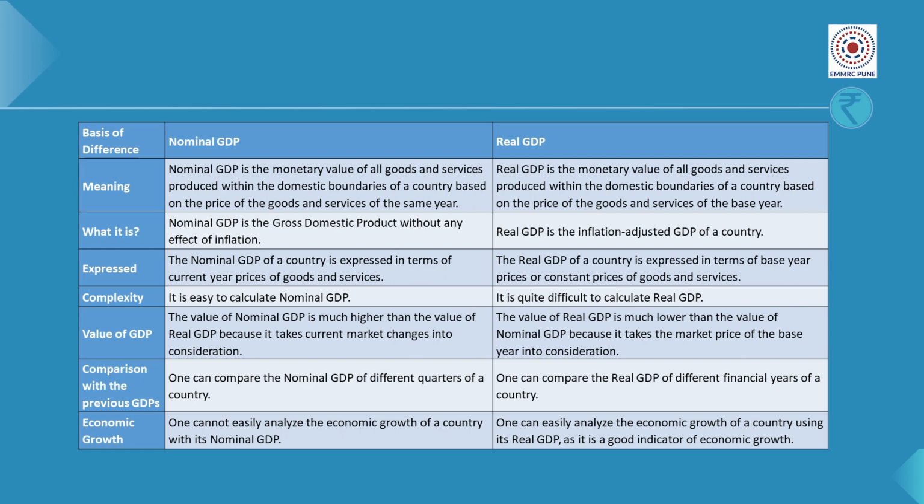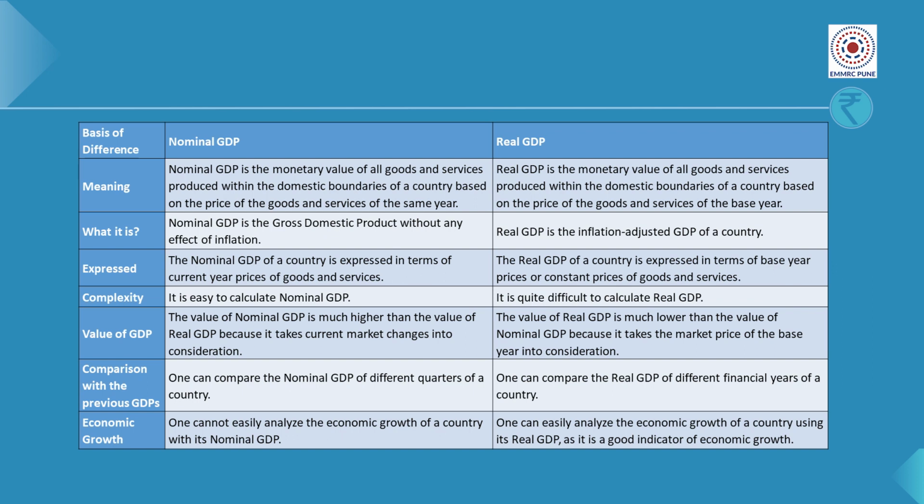Based on value, nominal GDP is much higher than real GDP because it takes current market changes into consideration. But the value of real GDP is much lower than the value of nominal GDP because it takes the market price of the base year into consideration.